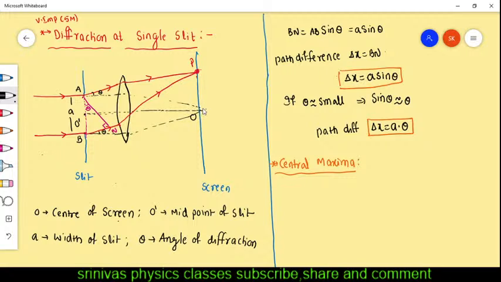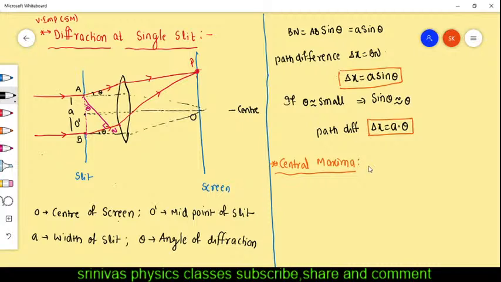That means at the center of the screen you will get the bright band, because they travel equal distance, so the path difference is zero. Previously in interference we discussed, if the path difference is zero, you will get the bright band.